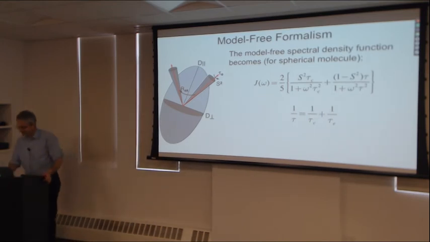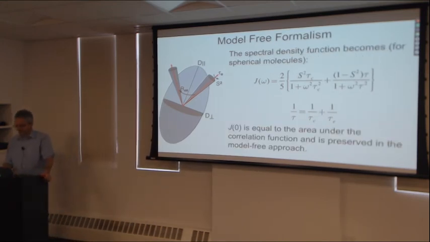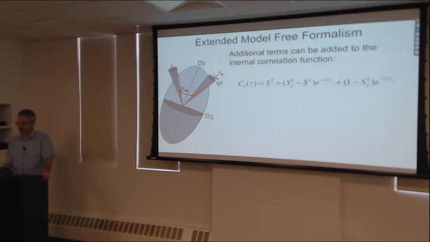And that is an equation you can use hundreds and hundreds of times. There's the J0. You could imagine adding on more exponentials and now have an internal correlation function that has two exponentials rather than one. And then we can define the amplitudes however we want.